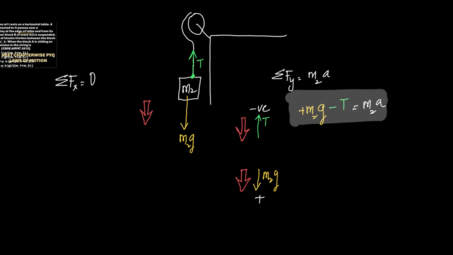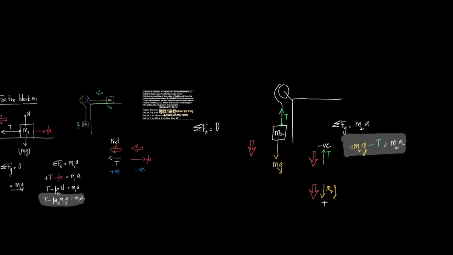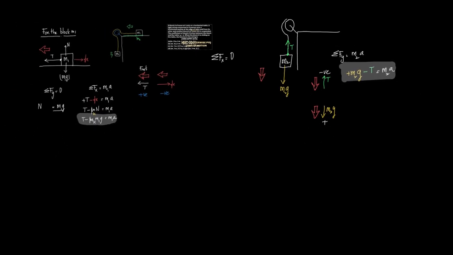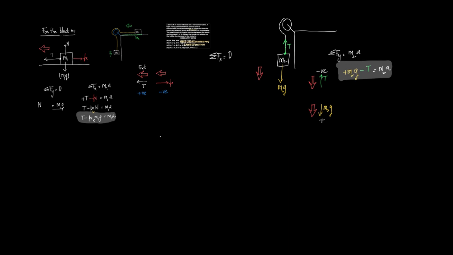Let us find out whether we would be able to solve for the unknown. So what is equation number 1? Equation number 1 is T minus mu k into m1g is equal to m1 into a. And the other equation is minus T plus m2g is equal to m2a.